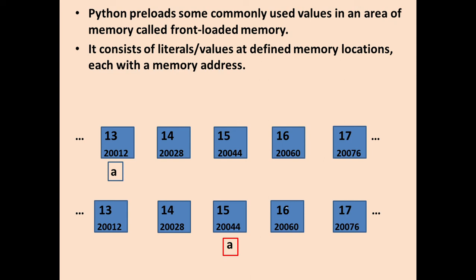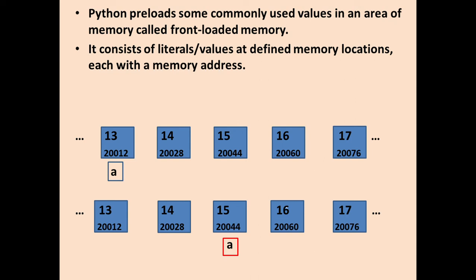See the example. You can see some values here: 13, 14, 15, 16, 17 and so on. And below that you can see 20,012, 20,028 like that. So these are the memory addresses. If you see the difference between two memory addresses, it will be 16. So it means that Python is using 2 bytes for storing one integer.